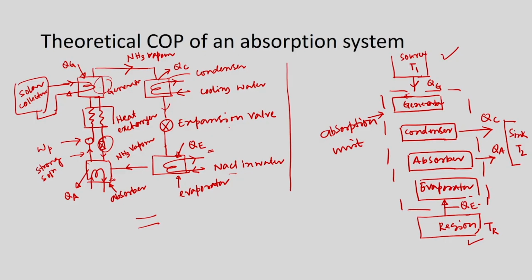Now, let us develop the expression by taking the help of the first law and second law of thermodynamics. What will be the maximum coefficient of performance of a vapor absorption refrigeration cycle, right.